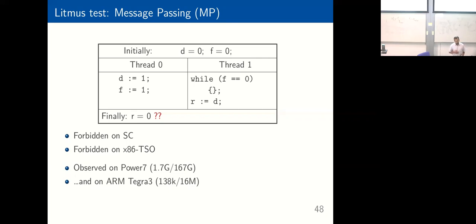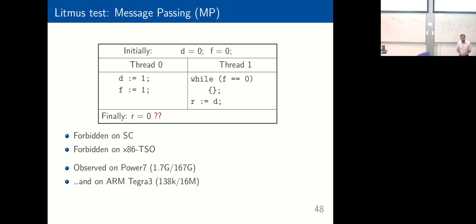And finally, but only after it's done, it sets a flag saying, now this data structure is available for other people to look at. And then the reading thread only does reads. It loads from F first, that's the flag variable, hence the name. And only when it sees that it has been flagged, that the data is ready to be consumed, it goes and looks at the data.